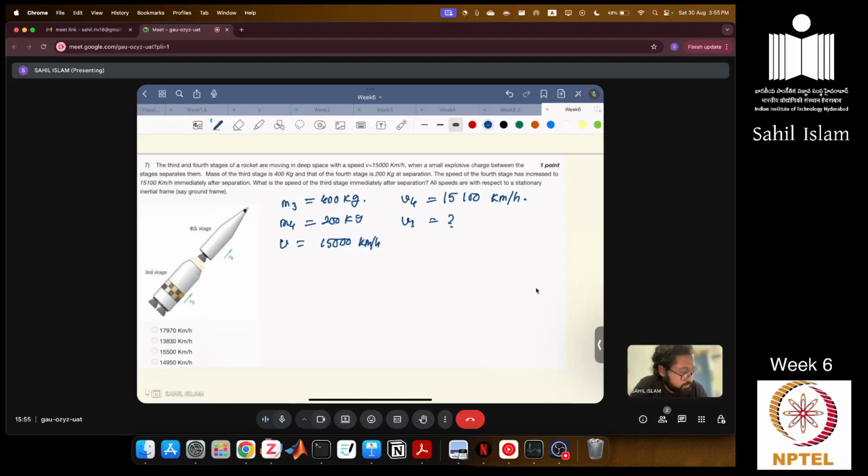So we will be doing a momentum balance. So m3 v plus m4 v equals m3 and let's say v3 new plus m4 v4 new.